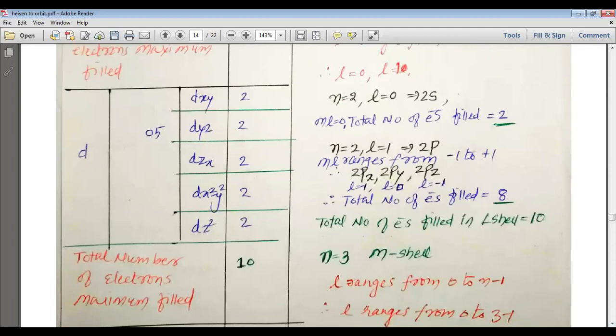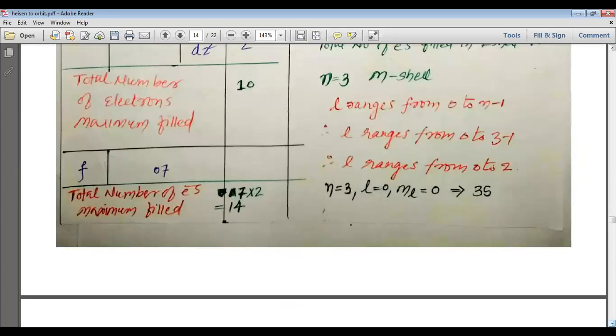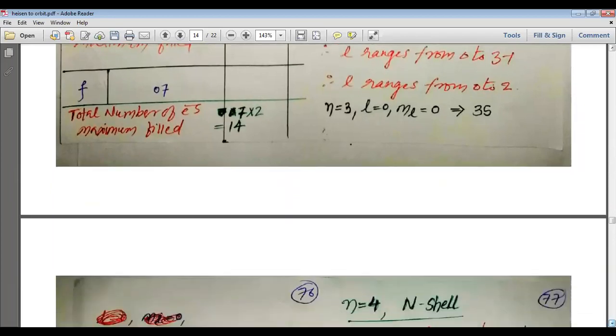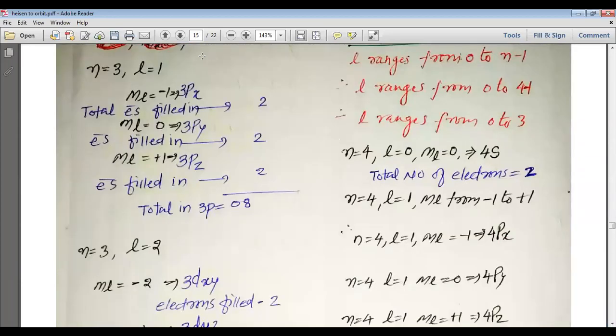Now in the same way, if you look at n is equal to 3, l ranges from 0 to 2. So l is equal to 0, l is equal to 1, and l is equal to 2. l equal to 0 is the s subshell, l equal to 1 is the p subshell, and l equal to 2 is the d subshell. When l is equal to 0, in s we can fill a maximum of 2 electrons, so we have 3s with 2 electrons.